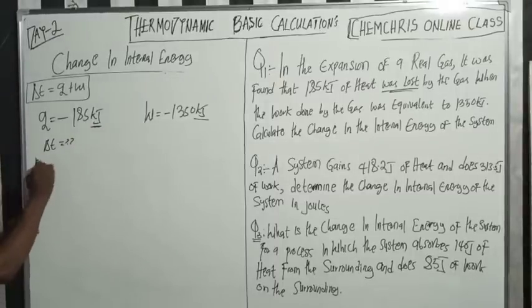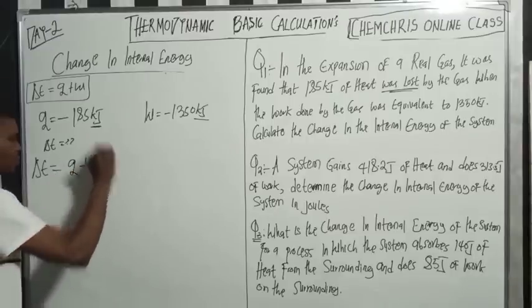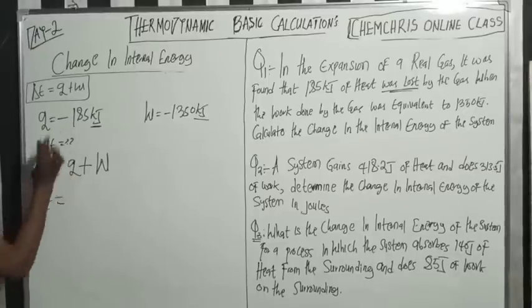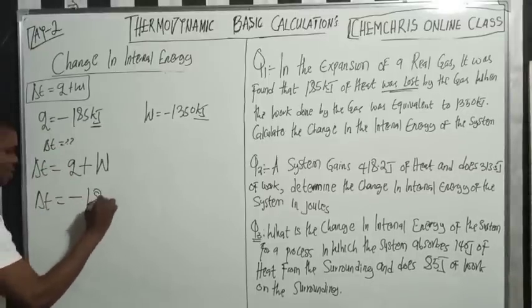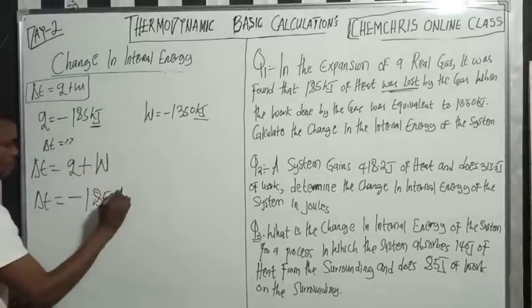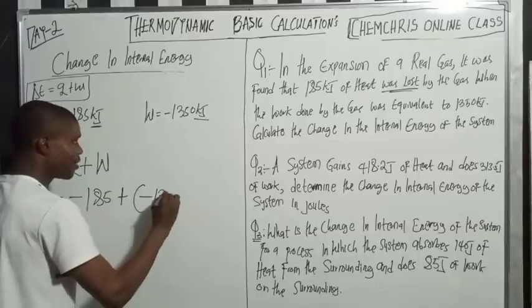So here we have change in E, which is internal energy, equals Q plus W, right? So change in E equals, my Q is minus 185. You ignore the kilojoules here. Plus, remember there's this plus here. Now W is minus, so here we have minus 1350.